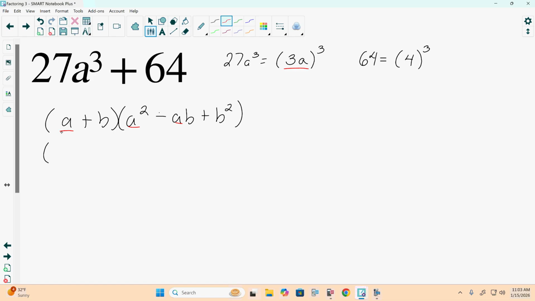So in the first set, this first a is going to become 3a plus, and I'm going to leave a space for b, we'll plug it in a minute. Now, a squared, we replace the a with 3a, so I have 3a squared. Minus, we replace the a in ab with 3a. That's the only other a that shows up, yes?